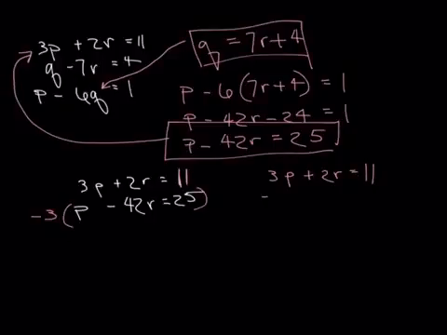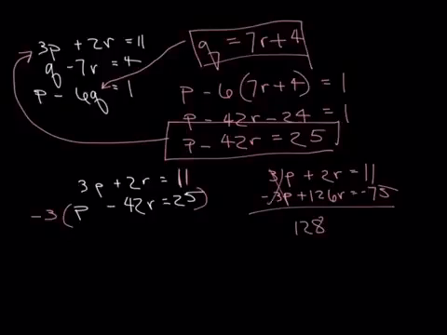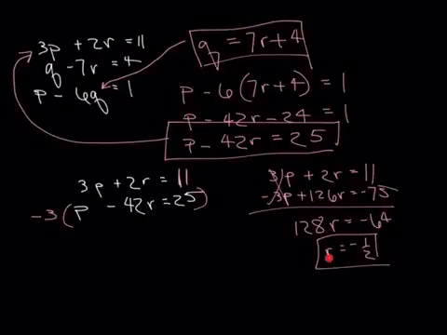And the second one is negative 3p plus 126 equals negative 75. Add those up, that goes away. This becomes 128r equals negative 64. So r equals negative 1/2. Okay, so I found one of my variables.